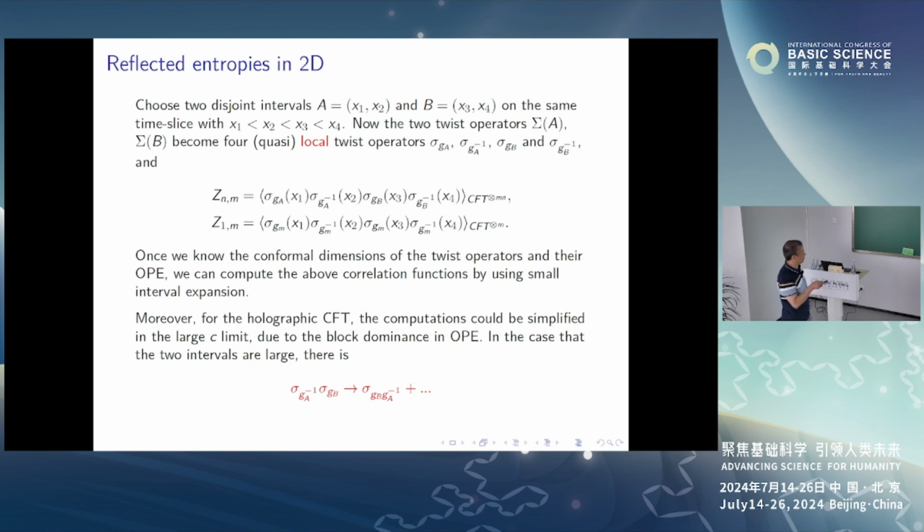Since you have a t-channel four-point function, you have to use the conformal symmetry. Once you know the conformal dimension of the twist operator, for the holographic CFT you can take the large c limit, and since the vacuum block is dominant, in that case you can compute this correlation function step by step.